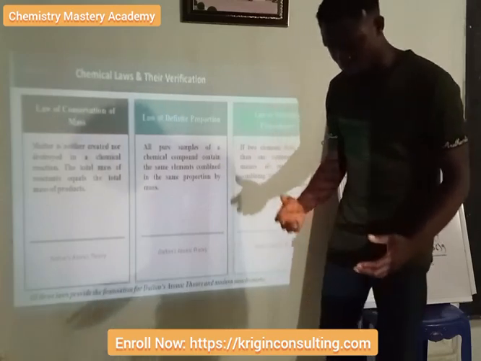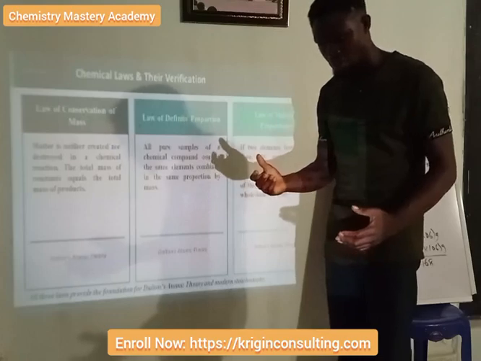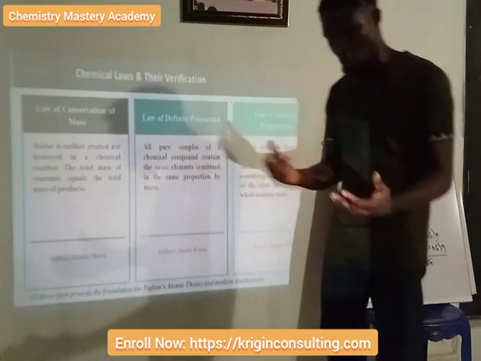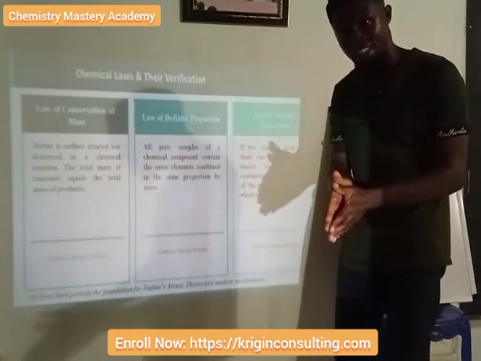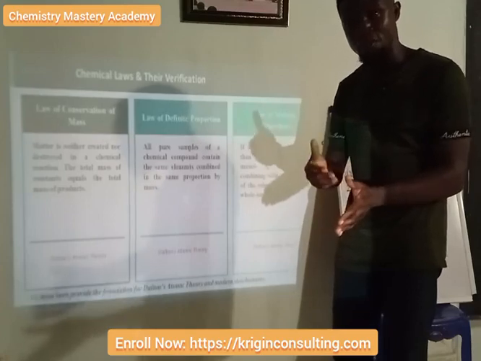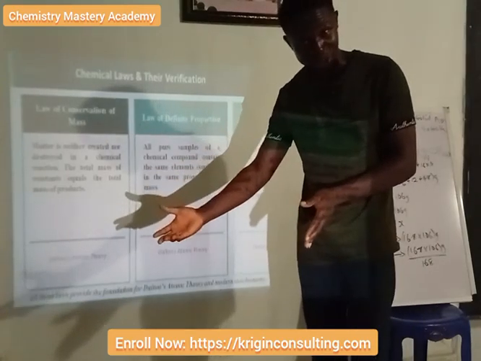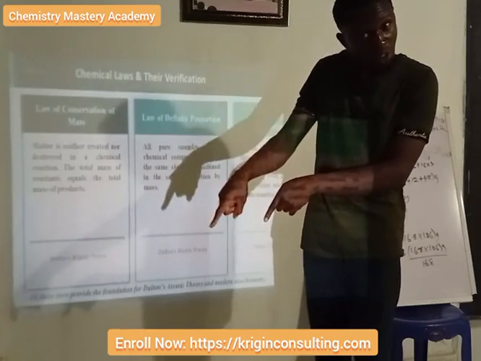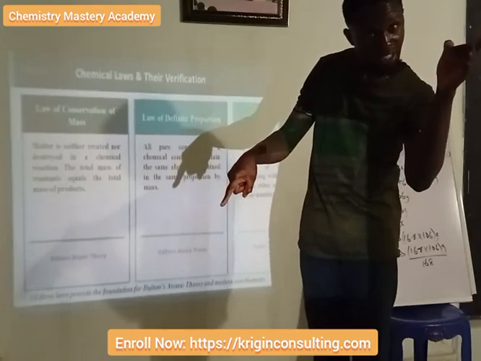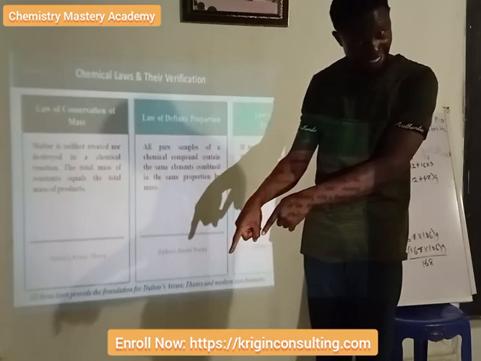So if I take salt and water and I mix them together, I have formed salty water. Now, does that salty water have the salt which I mixed to form it? Yes.